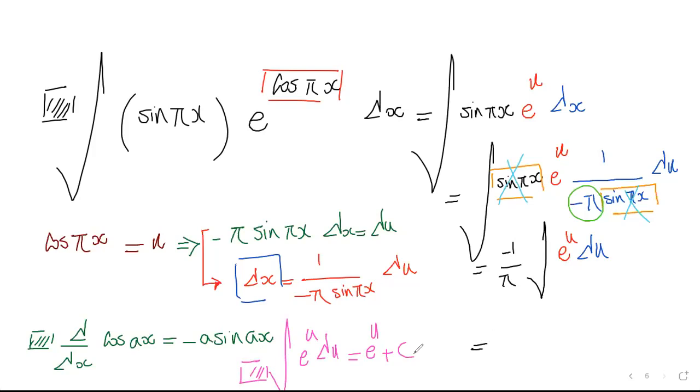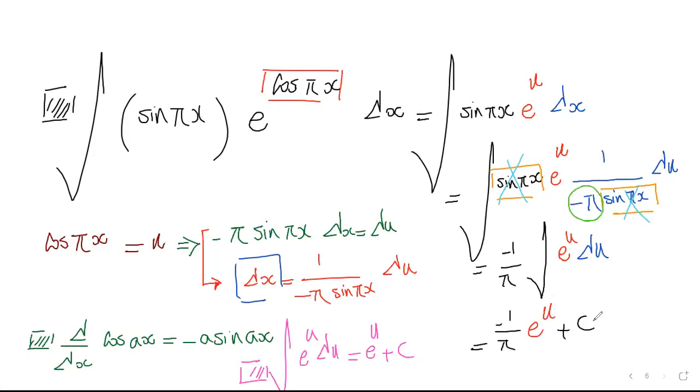You have e to the u du and you recognize it on that table. Then the result, I'm going to keep minus 1 over pi as it was here, and it's going to be e to the u plus c.